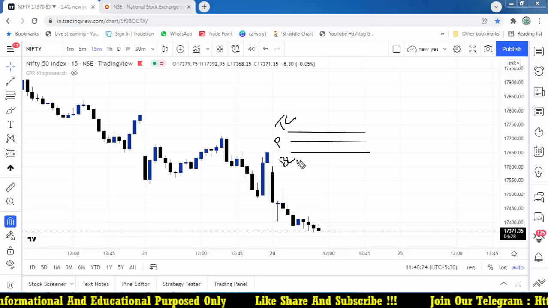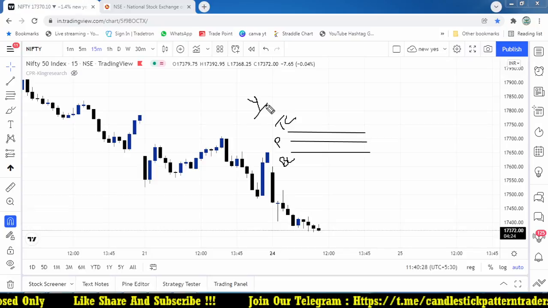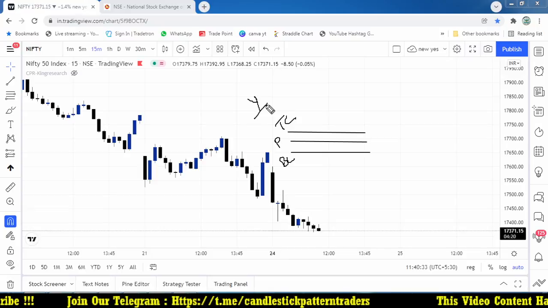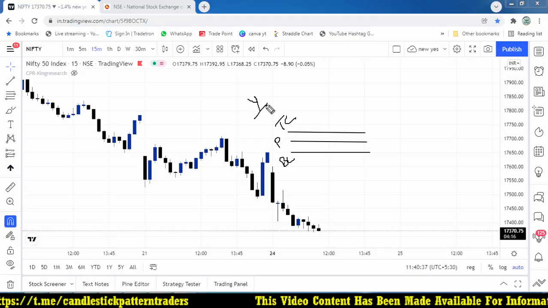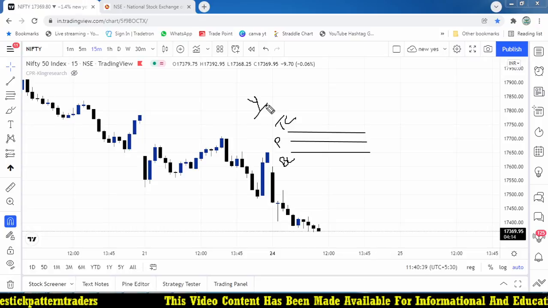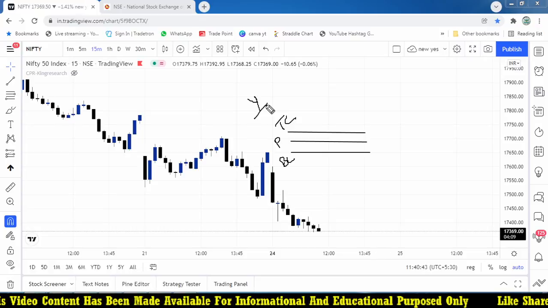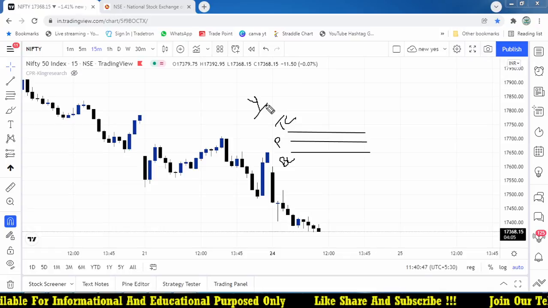Compared to the previous day's level, so this may be yesterday's level, the next day's level may be higher than the previous day's level, or it may be lower. Based on where it is located, we can assume there is bullishness or bearishness in the stock.